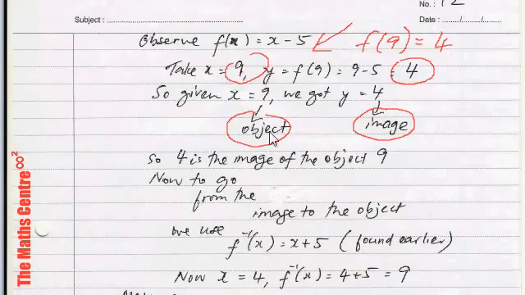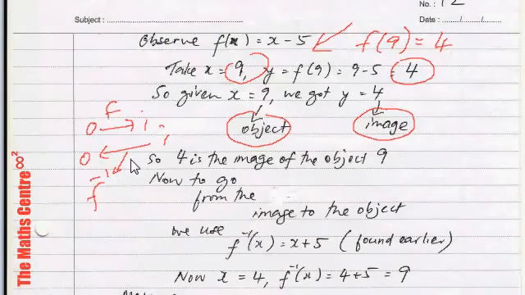Now we have gone from the object to the image by using f. Now we learn inverses because we want to go from the image back to the object. So if you want to go from the image back to the object, then we have to use the inverse function.